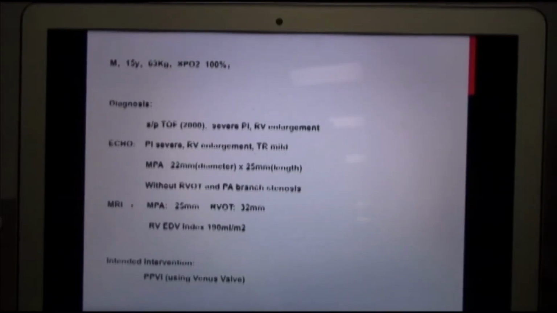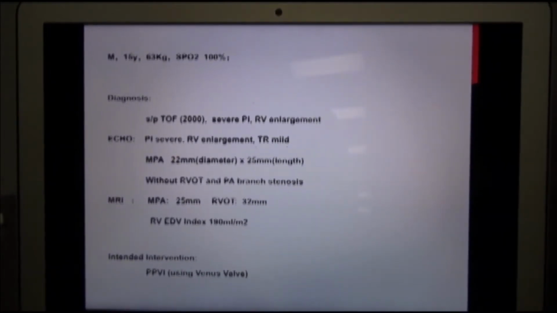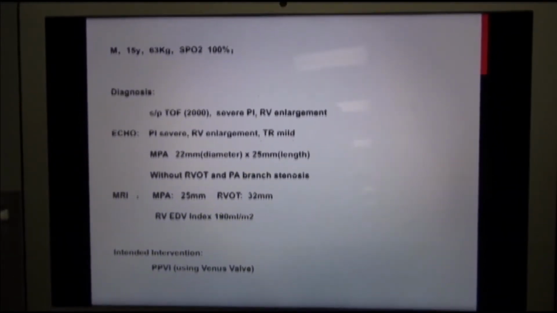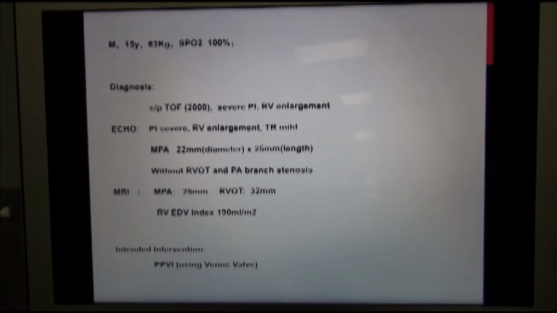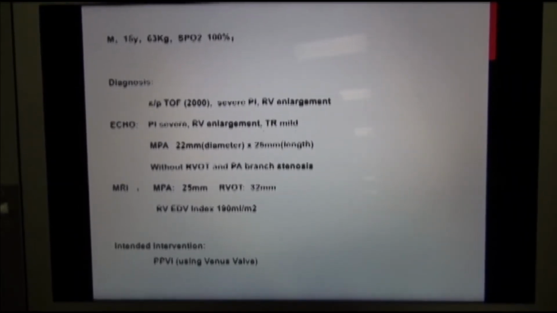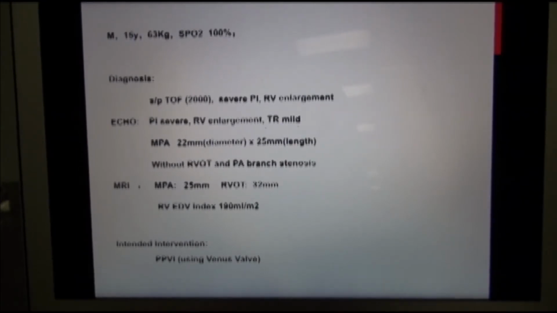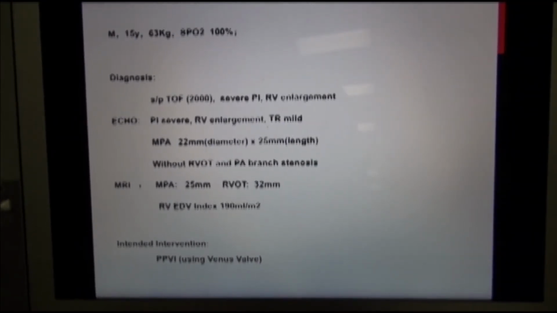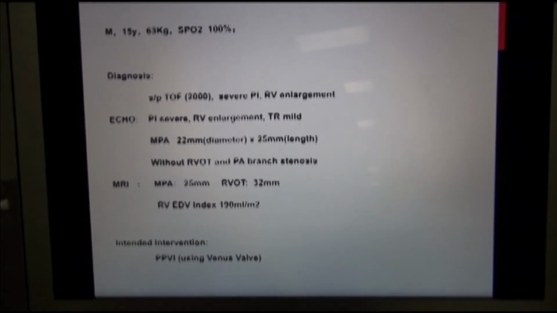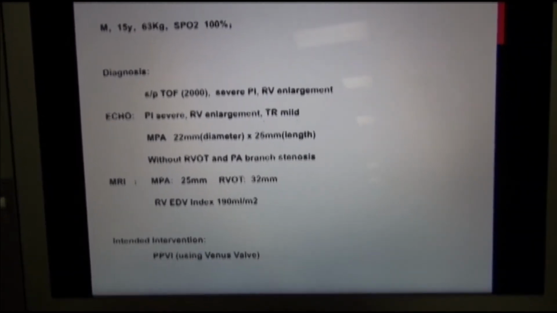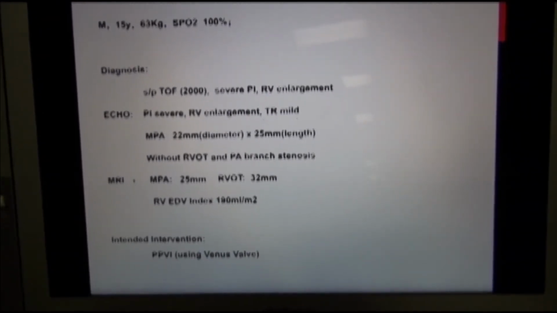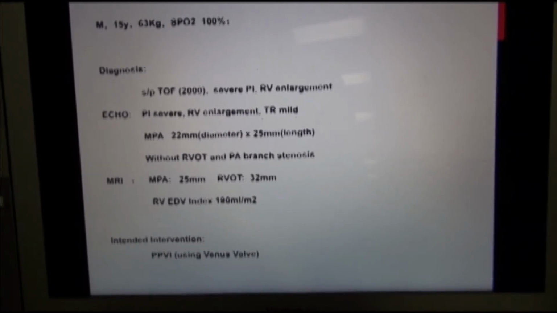Thank you, Wei Gao, and it's a pleasure. This is a 15-year-old boy, and now the weight is 1 kilogram, and he was diagnosed as tetralogy of Fallot. About 15 years ago, he received surgical repair for tetralogy of Fallot. And now we do the echo.